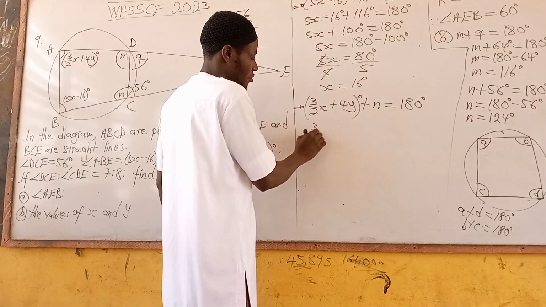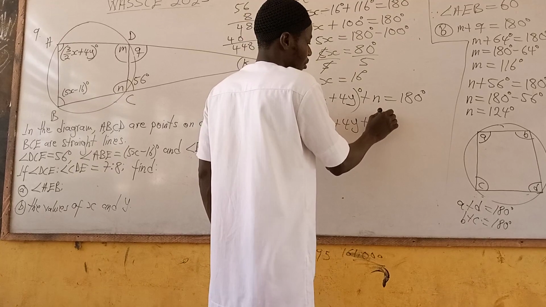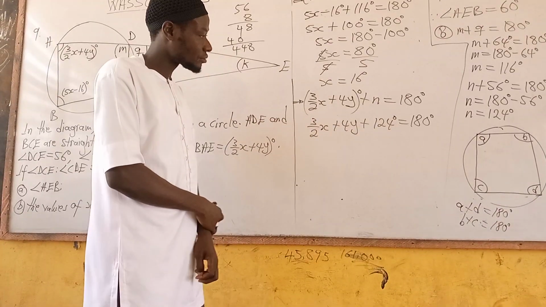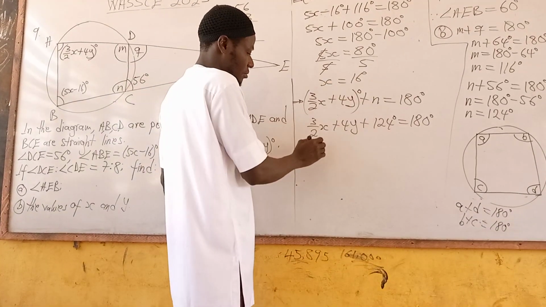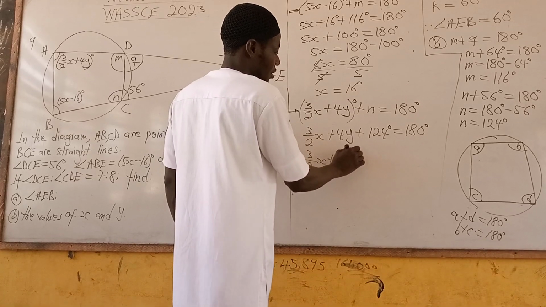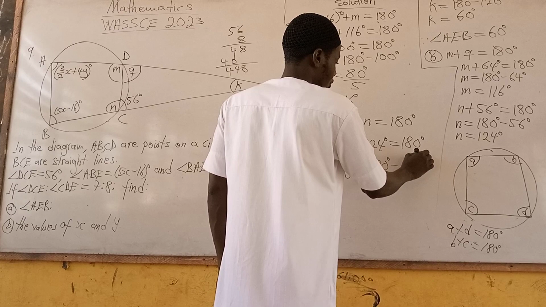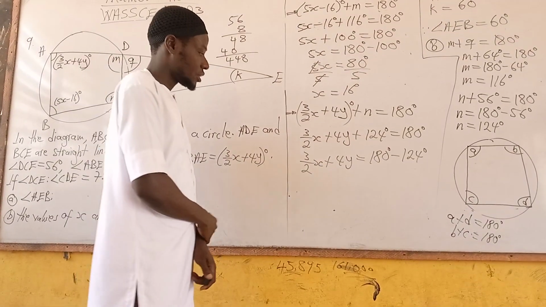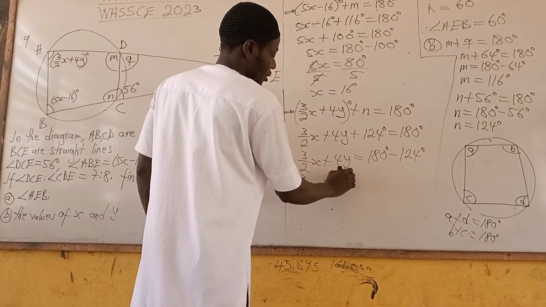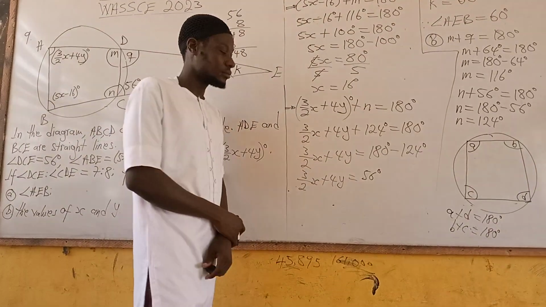We have 3 divided by 2 x plus 4y plus 124 degrees is equal to 180 degrees. So we group our like terms. 3 divided by 2 x plus 4y is equal to 180 degrees minus 124 degrees, which will give us 56 degrees.